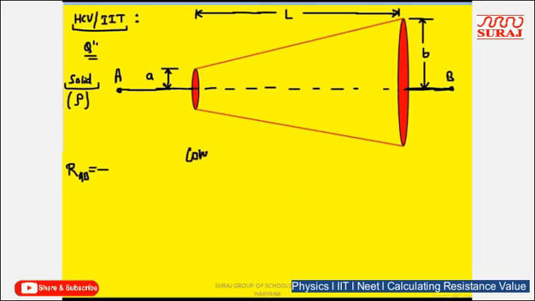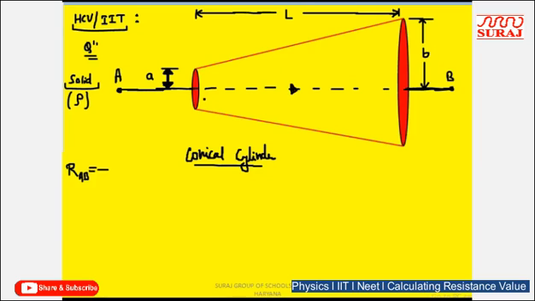You can say this is a shape called a conical cylinder, which is a solid of resistivity rho, with the smaller cross section having radius a and the larger cross section having radius b. You are asked to calculate the equivalent resistance from A to B. It means you have to consider the flow of current in the direction from A to B.